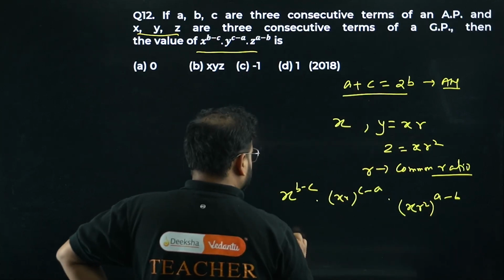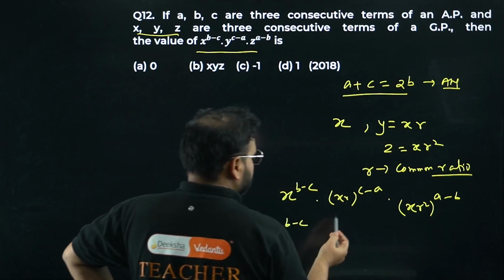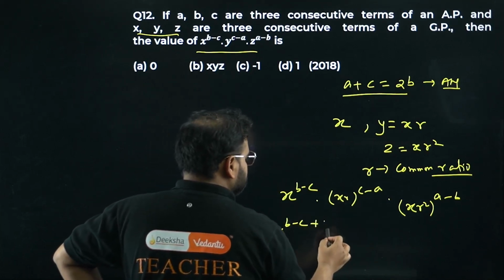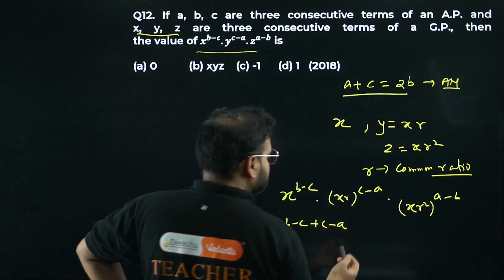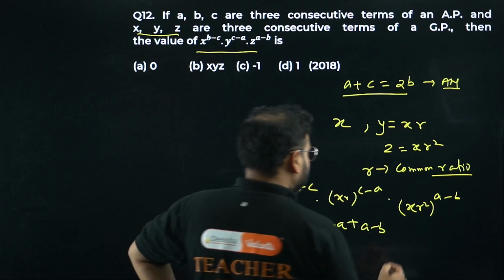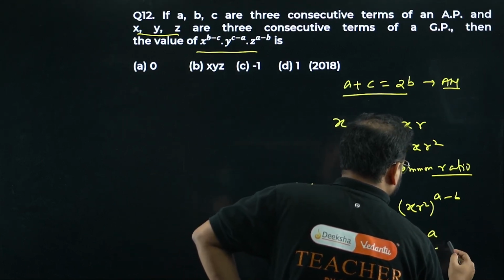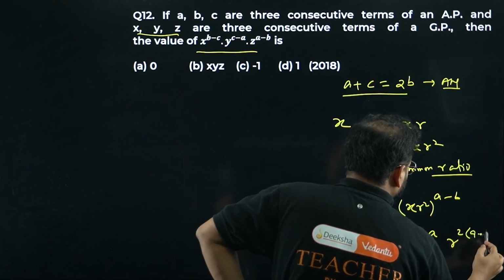I get x power b minus c, and x power c minus a, x power a minus b, since in the product I have to add the powers, and for this side I get r power c minus a and r power 2 times a minus b.